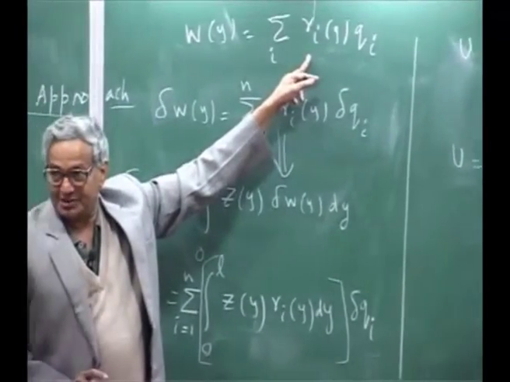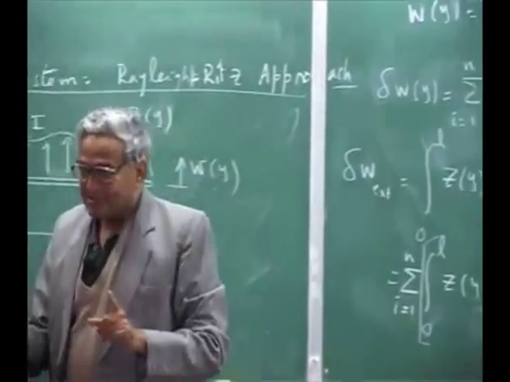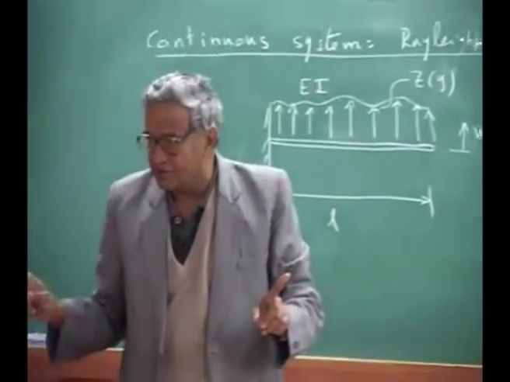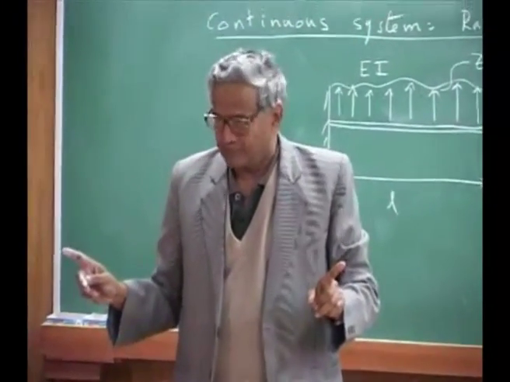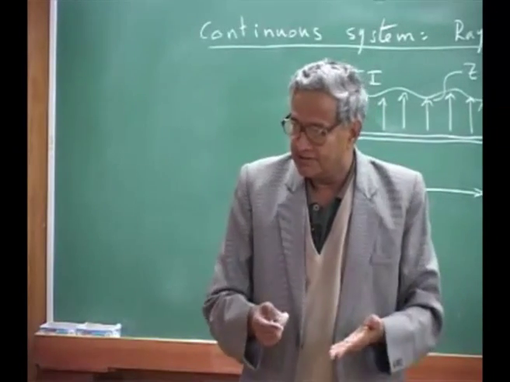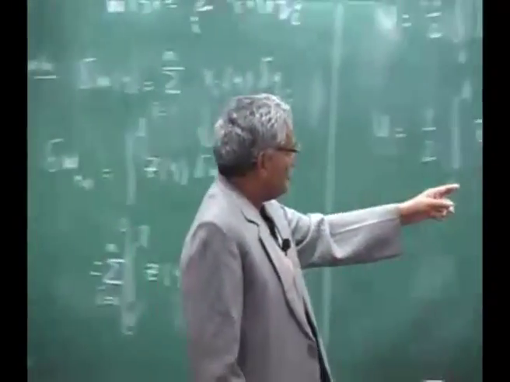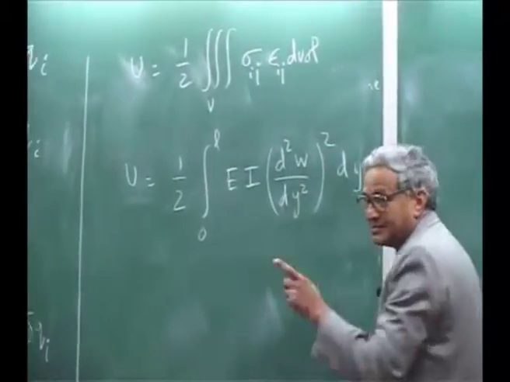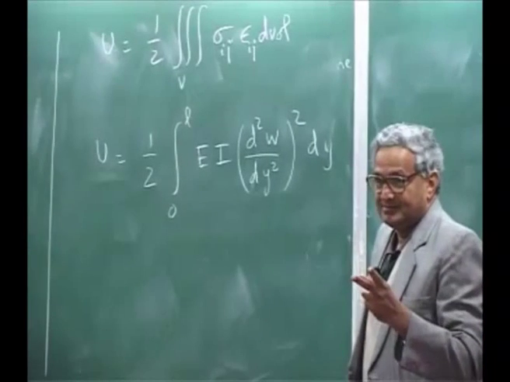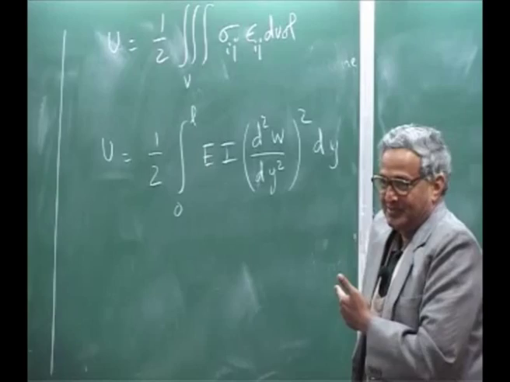Please understand, though I mentioned that it must satisfy the geometric boundary condition, another condition which comes is it should be differentiable, in this case 2 times at least. Okay. So that is also equally important.